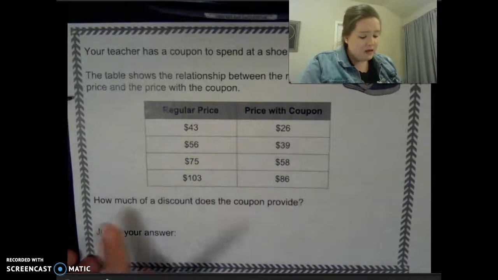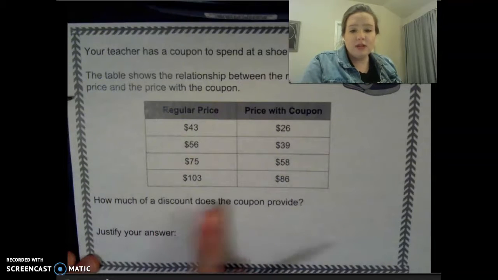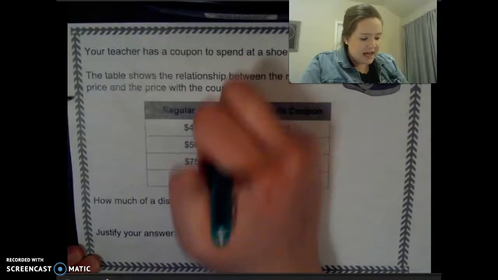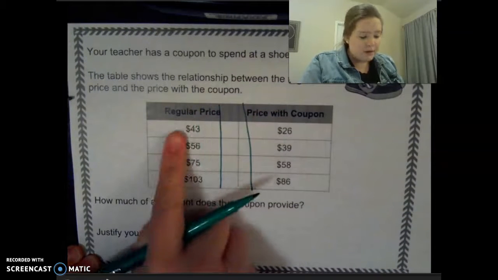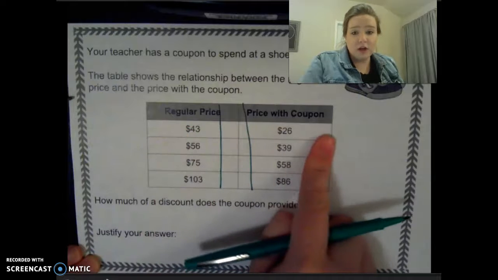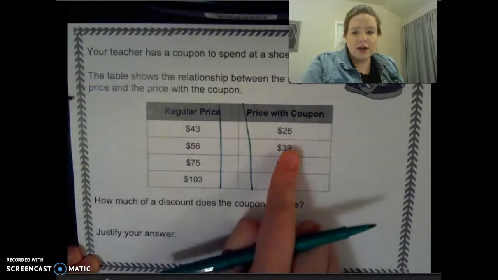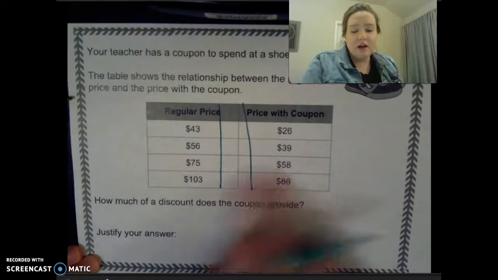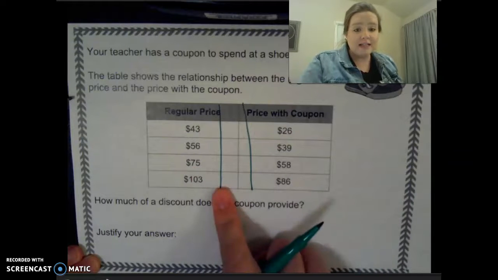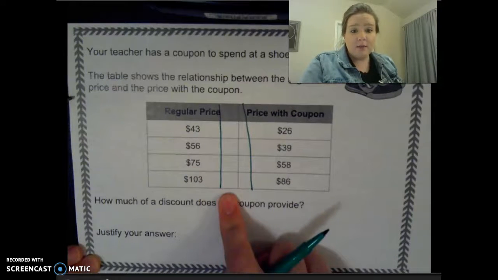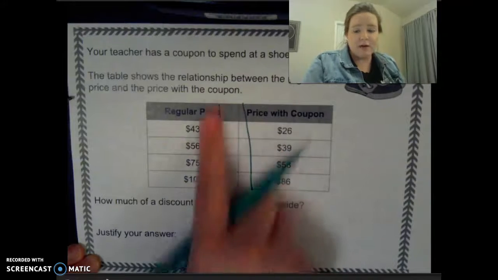What is happening? Well, how much of a discount does the coupon provide? The discount is what's going to be going on right here in the middle. What happens from 43 to 26? What are you doing? From 56 to 39, from 75 to 58, from 103 to 86. What are you doing in this little magic spot right here?